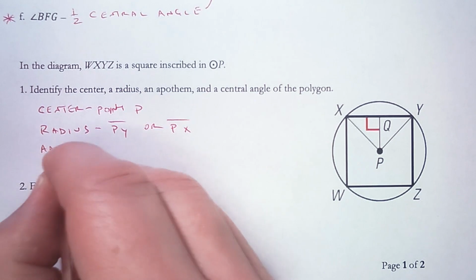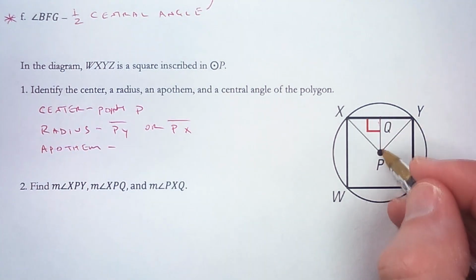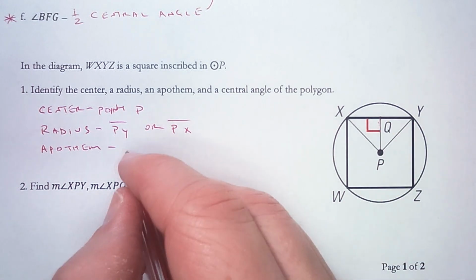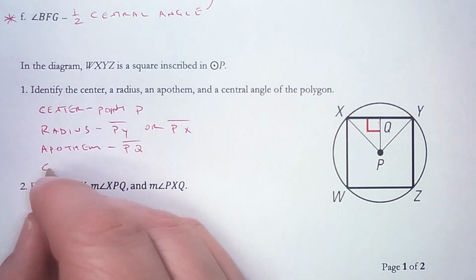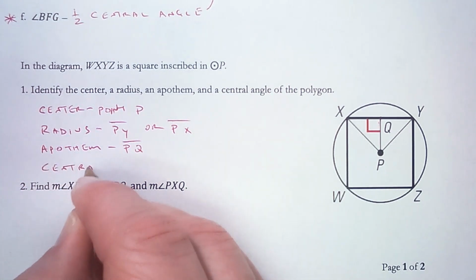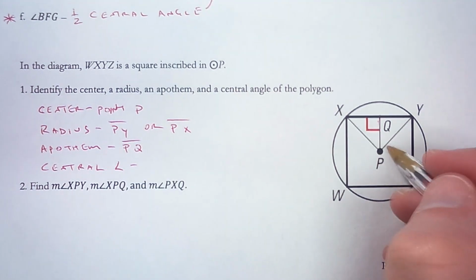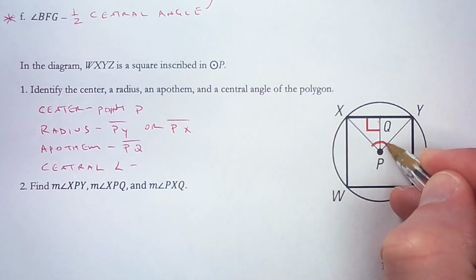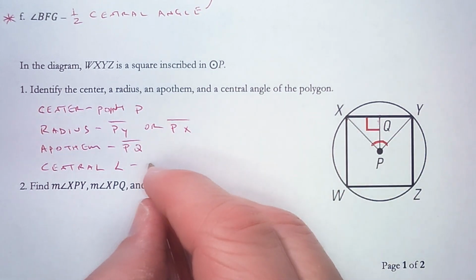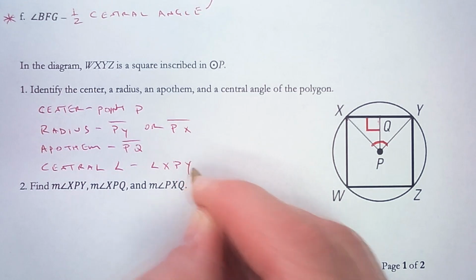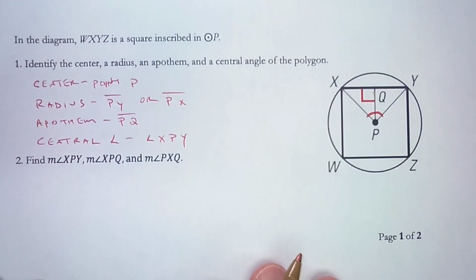An apothem. PQ is an apothem, goes directly to a side. And a central angle. Central angle would be right here at vertex P. I have XPY or YPX. Angle XPY, or I could turn that around as angle YPX.